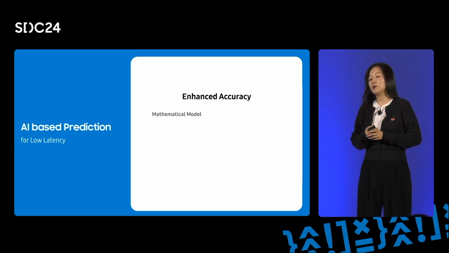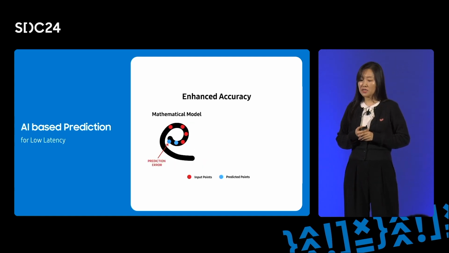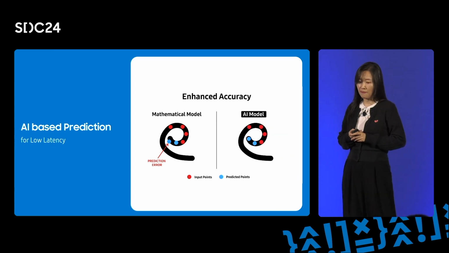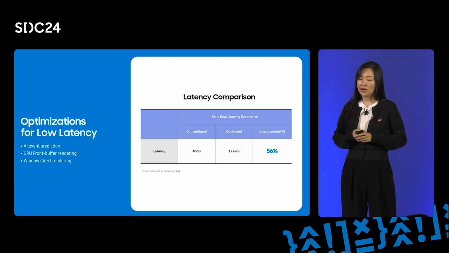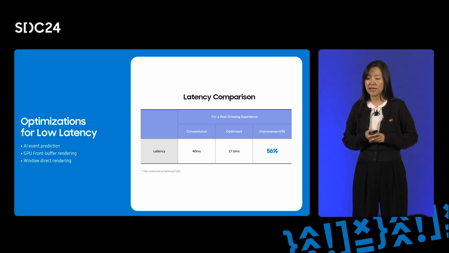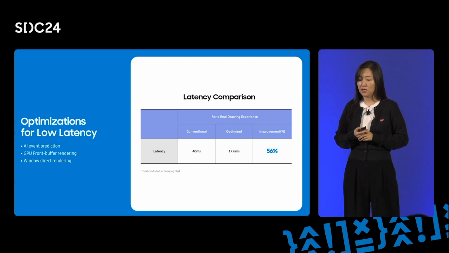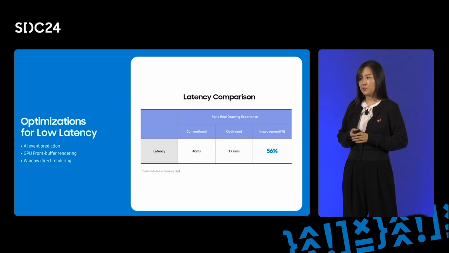We've developed an AI-based prediction technology that significantly improves accuracy compared to traditional mathematical models. Along with AI event prediction, we applied GPU front buffer rendering and Tizen-specific window direct rendering technology. As a result, we improved latency by 56%.